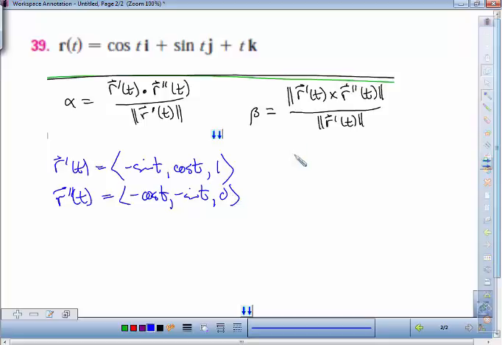We need the magnitude of r prime. So that's the square root of sine squared plus cosine squared plus 1. So that's going to give us the square root of 2. So that's not too bad.